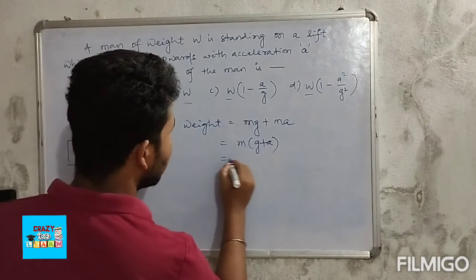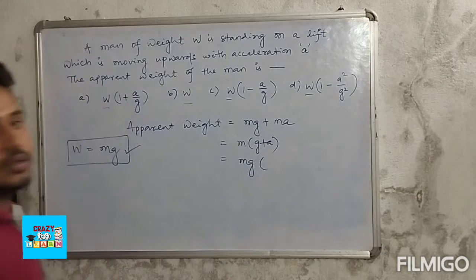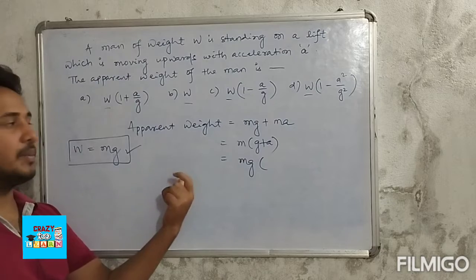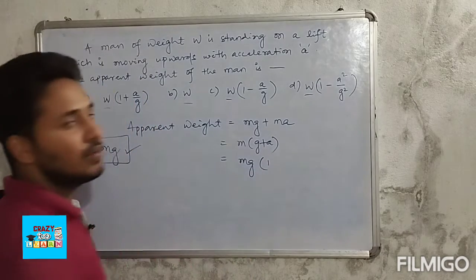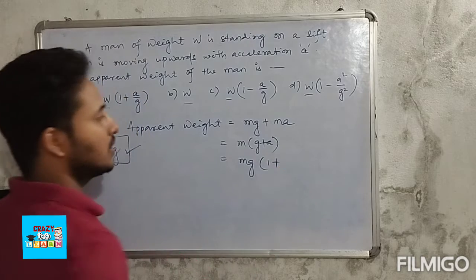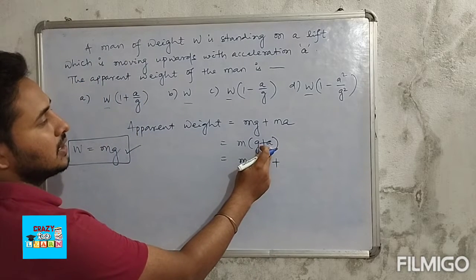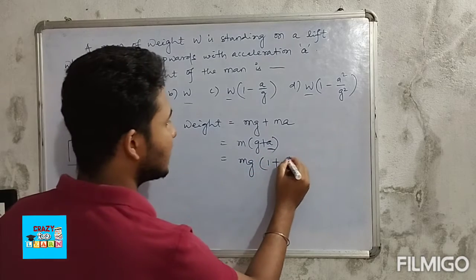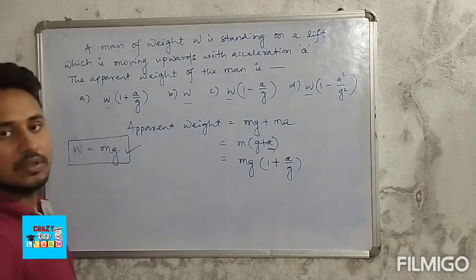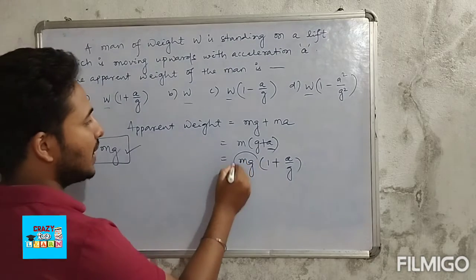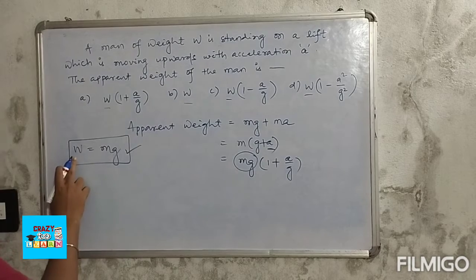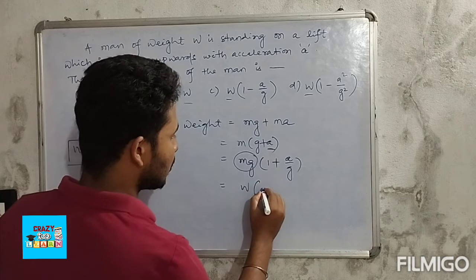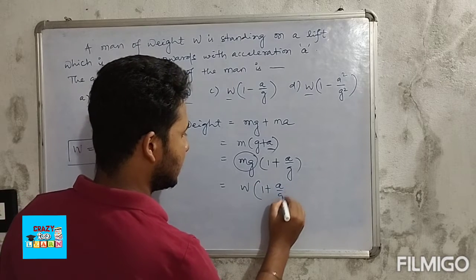We have to take mg common. m is already taken; when we take g also common, what will be left here? Only 1 will be left, plus, in this place only a is there, so after taking g, what will be left? a by g. And in the place of mg, just put W, as we know that weight is equal to mass into acceleration due to gravity. So W into 1 plus a by g.